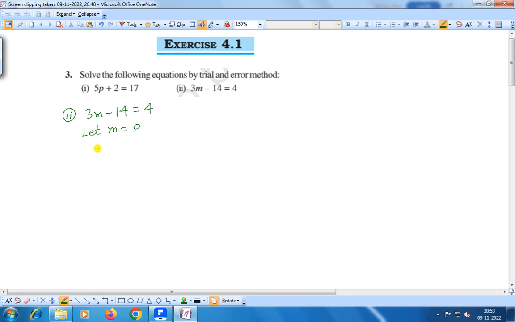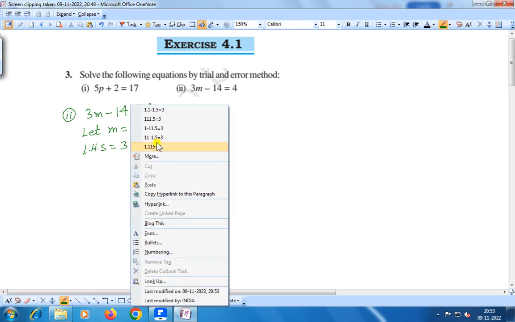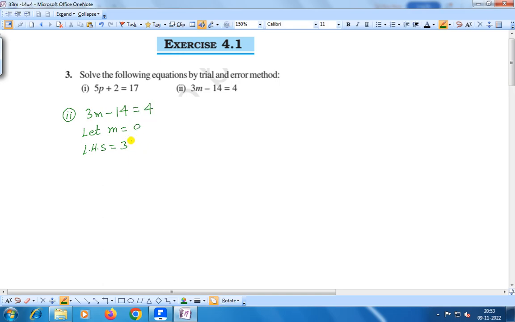If m is equal to 0, therefore we are getting left hand side is equal to 3 into 0 minus 14, that is equal to 0 minus 14, that is equal to minus 14.